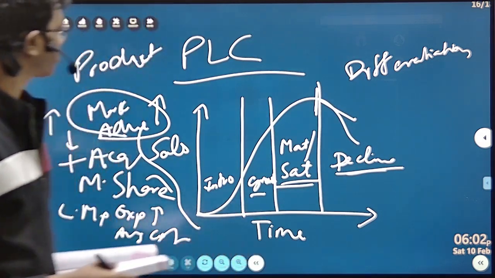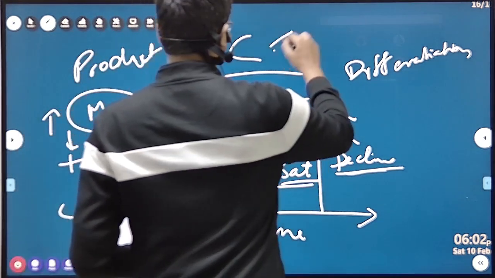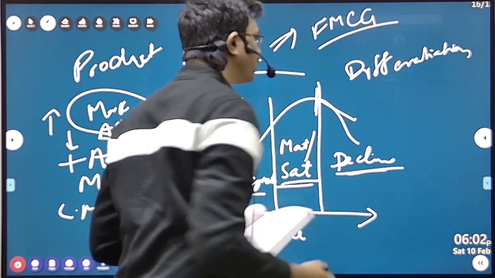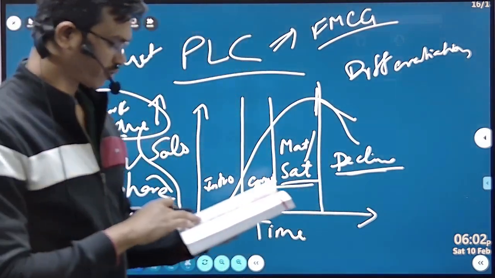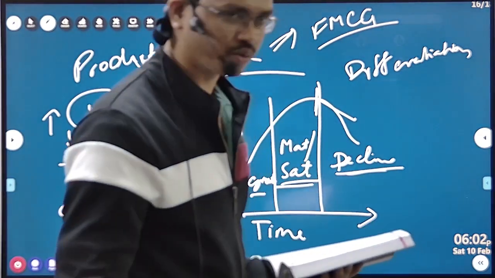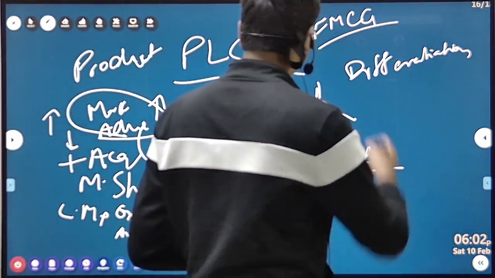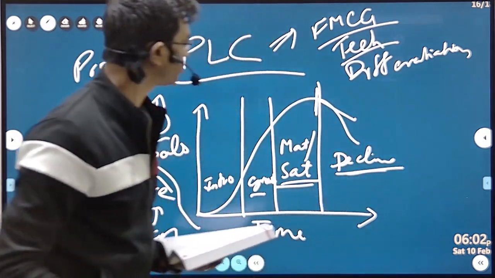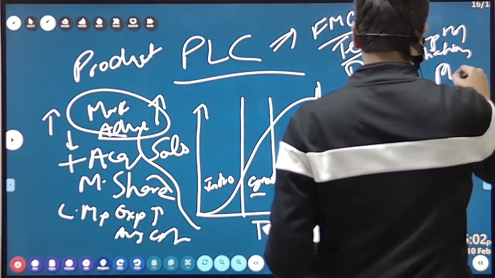This is not a product life cycle for all products, but mostly for FMCG, your day-to-day stuff, your consumer goods, and for technology mostly, like laptops and phones.